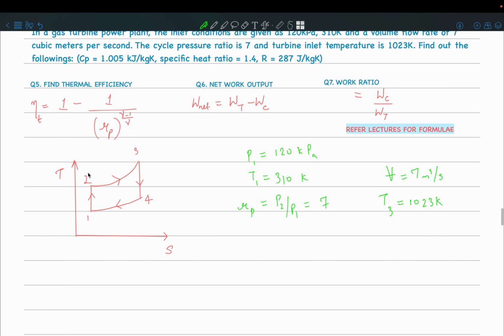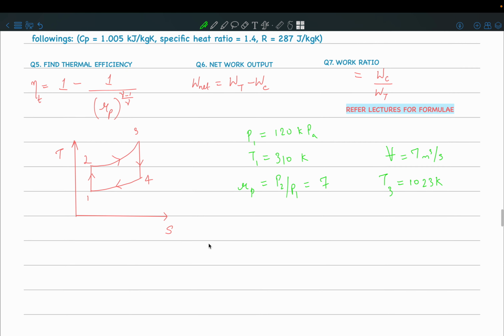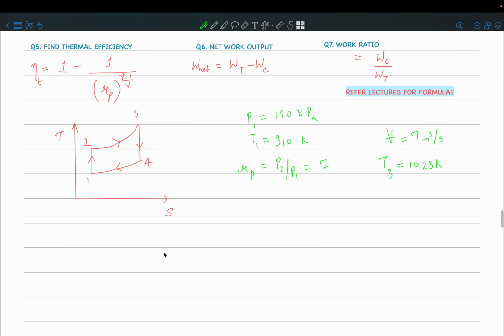So I have written down the formulae that we are going to use. Again, for derivations, please refer to the lectures. If you have any doubts, you can ask me and we can discuss the derivations also. Okay, so I'll just go ahead and give you these solutions. So thermal efficiency can be found.